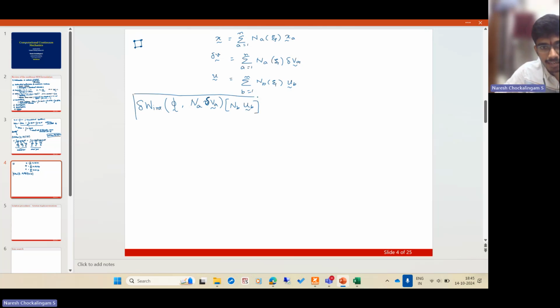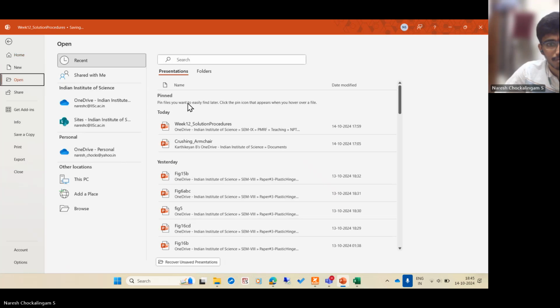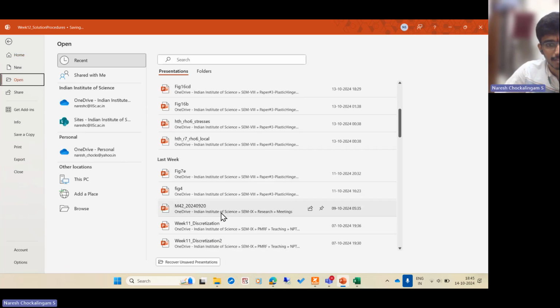So this is the discretized internal virtual work expression. So just substitute in place of this, or let me open the previous week's notes, week 11 discretization.